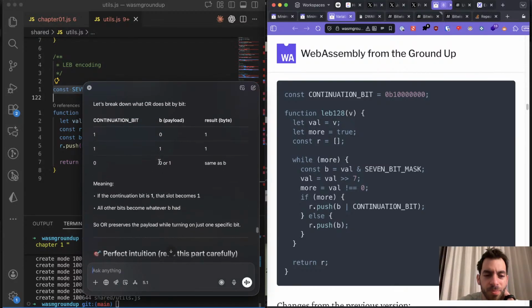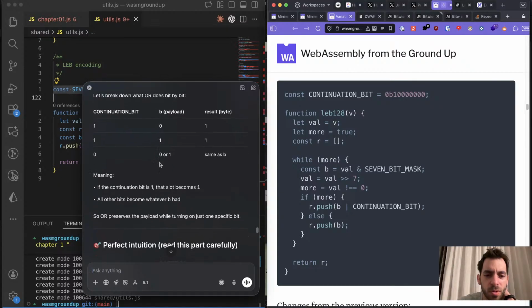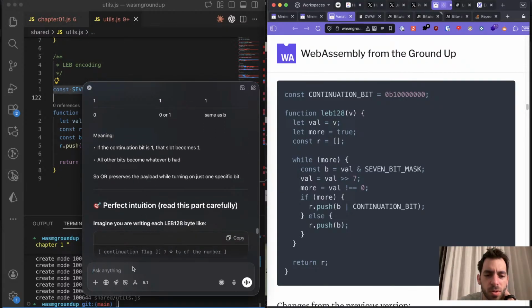Okay, continuation bit. So that means that r will always hold up to 8 bits, right?